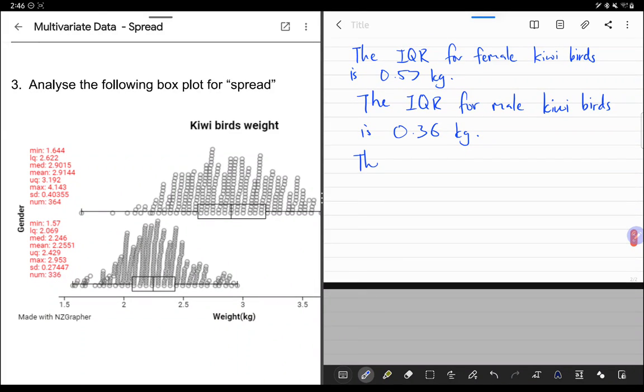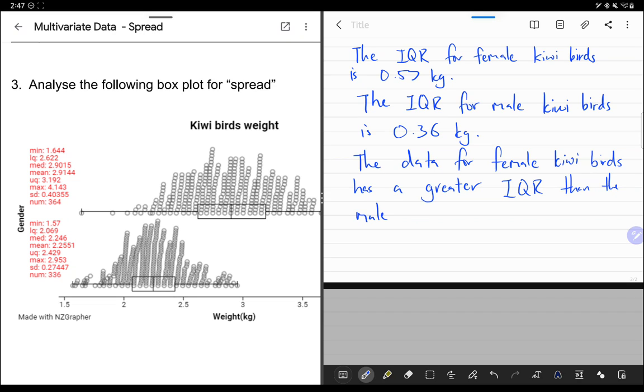So we say, the data for female kiwi birds has a greater or larger or bigger IQR than the male birds.